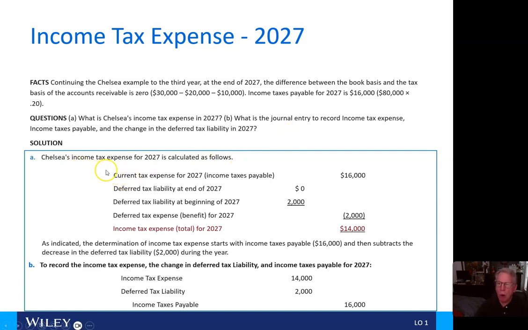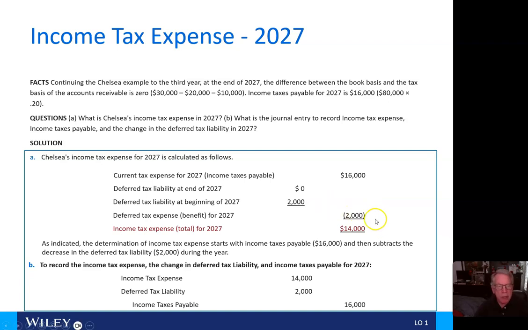Okay, for income tax expense in 2027, we'll start with our income taxes payable, the current tax expense for 2027, which was $16,000. Now, the deferred tax liability at the end of 2027 is 0, and deferred tax liability at the beginning is $2,000.